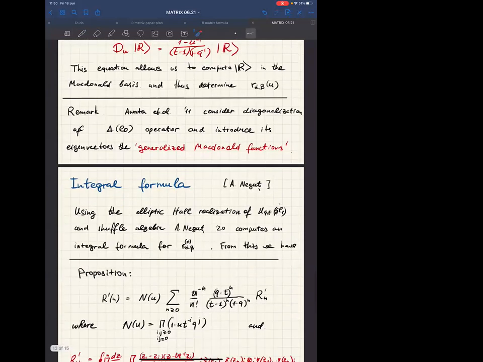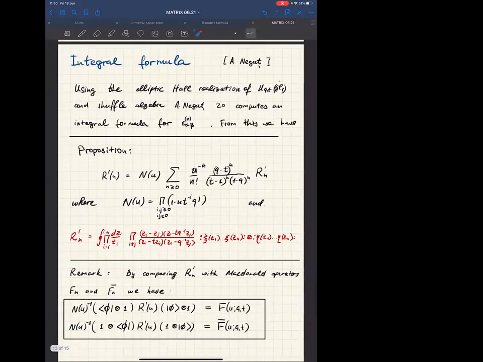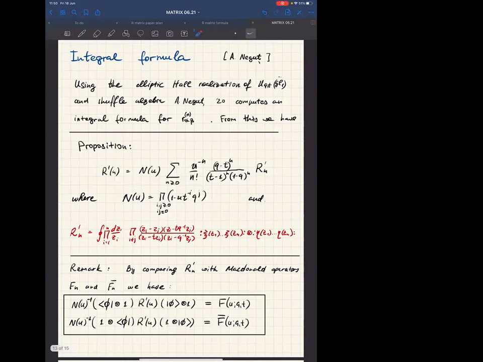So there is an alternative presentation of the algebra, which is called the elliptic Hall algebra, and it's very interesting and elegant. This presentation is useful because the Fock representation for this elliptic Hall algebra can be formulated using shuffle algebra, which is done in several works of Andrei Neguț.